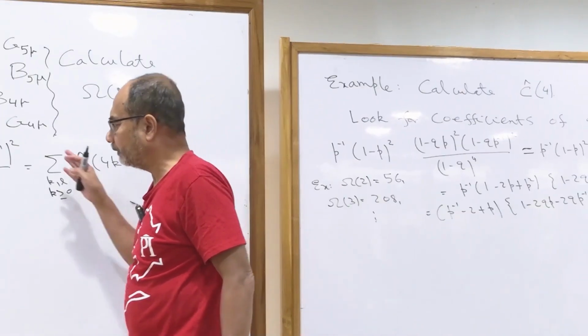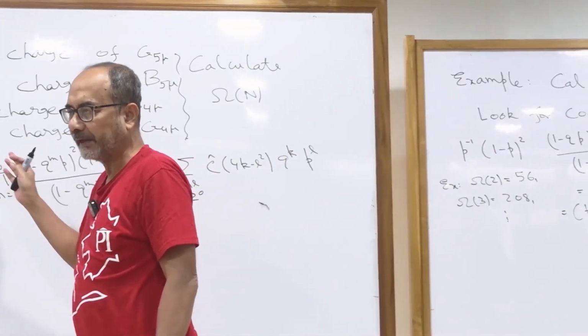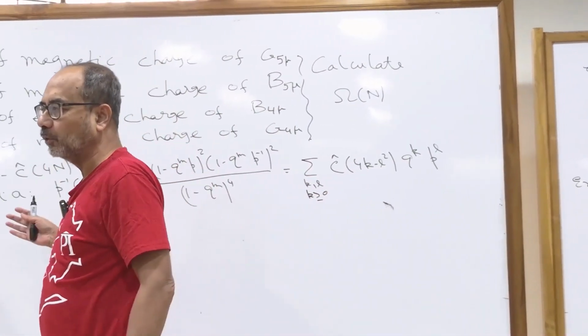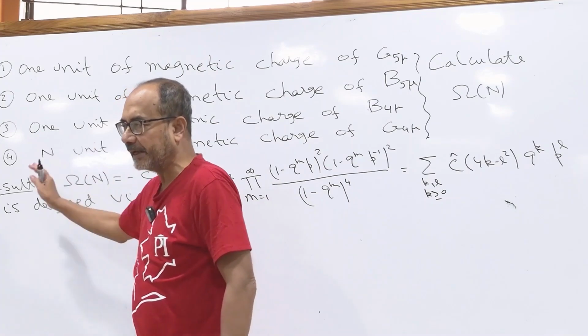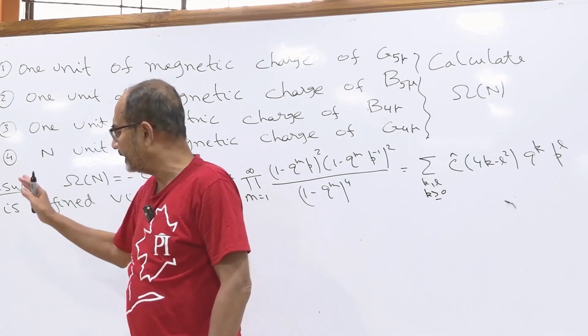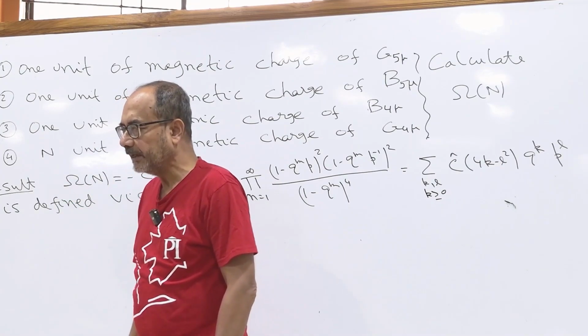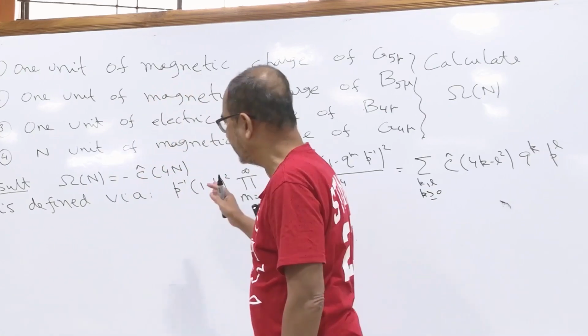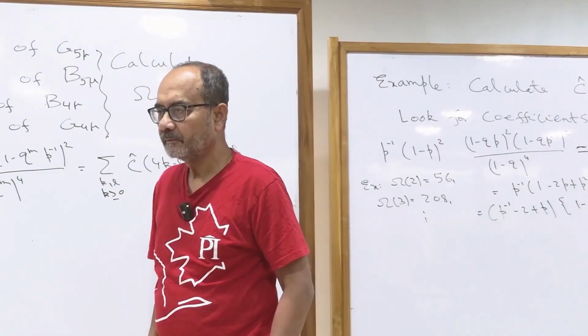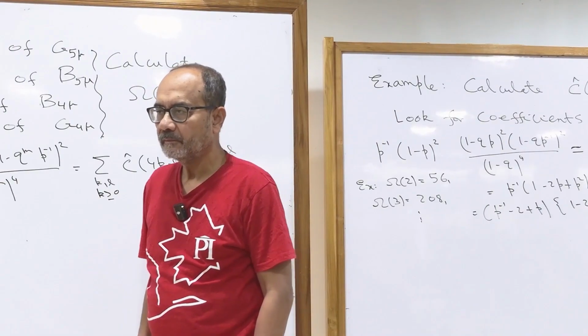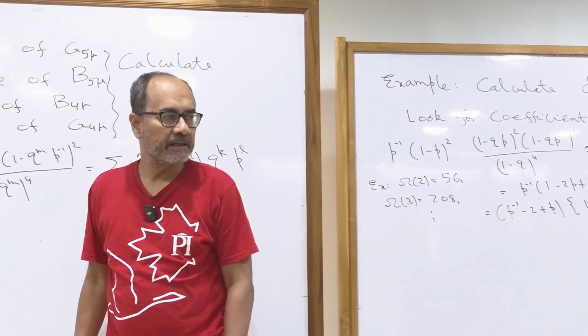I could have called Q and P as X and Y, it makes no difference. Q and P have really no relation to any physical quantity that we are counting. They are just variables used to define this function. Is this clear?